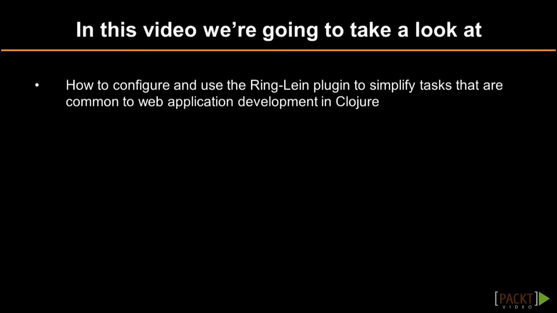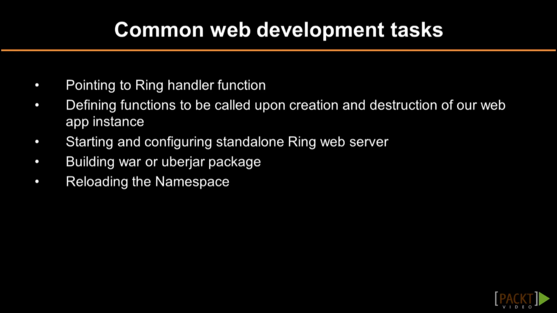In this video, we will see how to configure and use the Lein-Ring plugin to simplify tasks that are common to web application development in Clojure. There are a number of tasks common to the Ring web application development process: pointing to our Ring handler function; calling specific functions upon web application creation or destruction, for example, database connection pool initialization or destruction; starting a standalone web server instance for development.